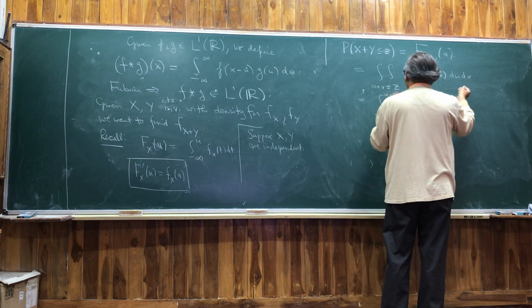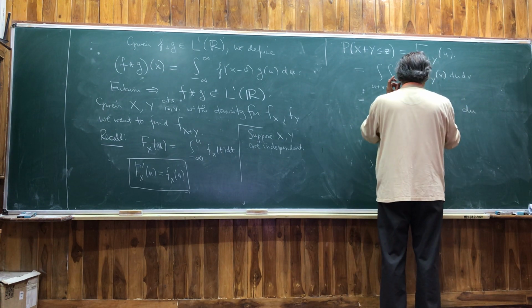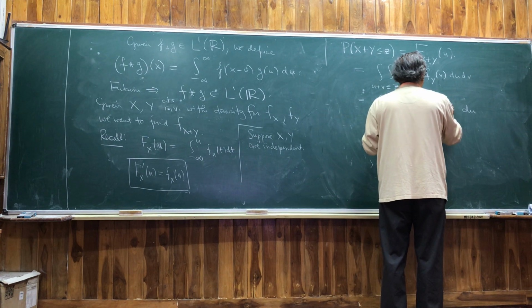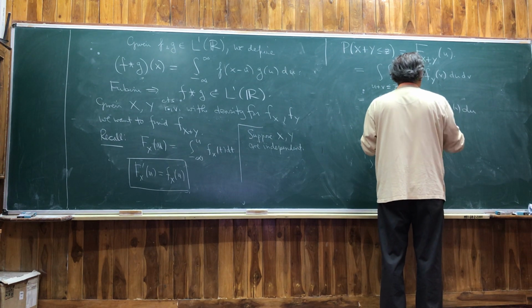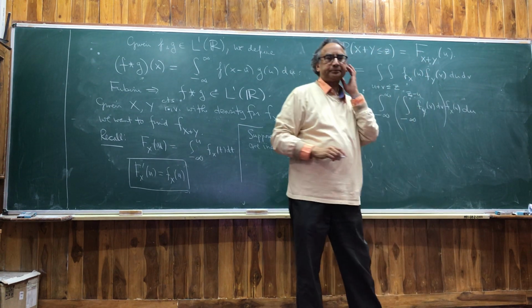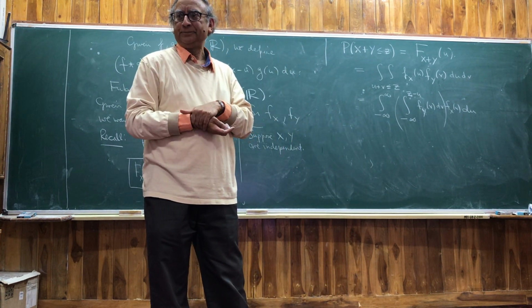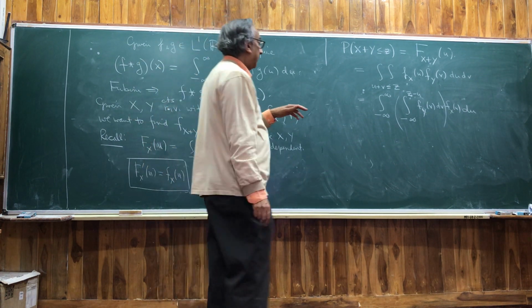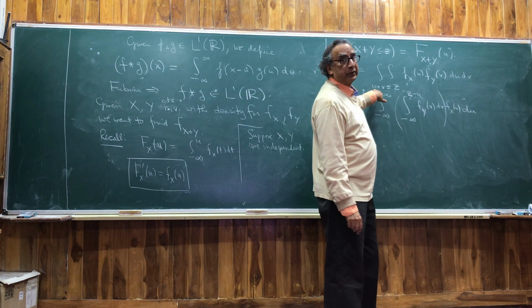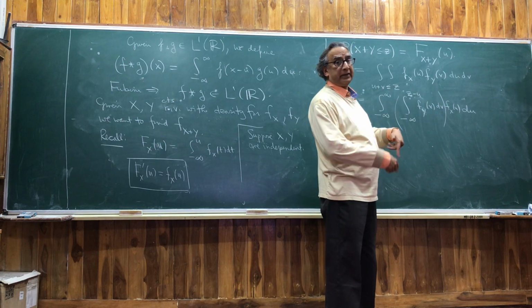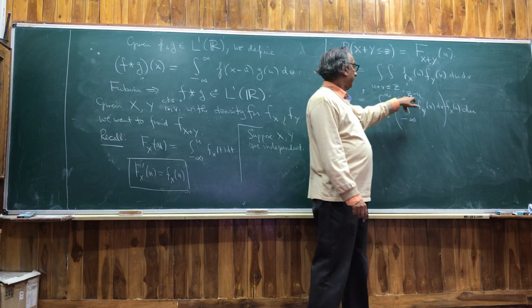So u is the outside integral, and here I will put f_y of v dv times f_x of u, keeping in mind that everything is absolutely convergent, so I can apply Fubini all the time. All I've done is say that u goes from minus infinity to infinity, and once I fix u, v goes from minus infinity to z minus u. That's the upper limit.